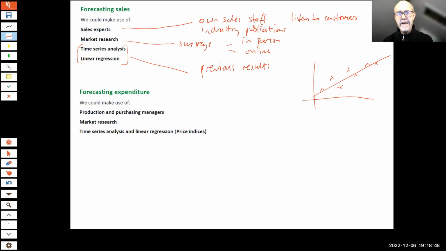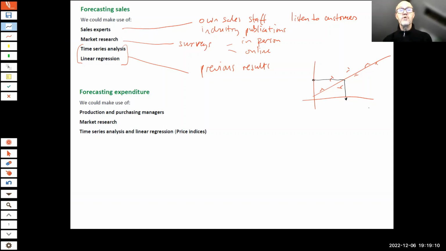That's the line that best summarizes the mathematical behavior of those coordinates. And then what we can do is plot a point on one axis against the line, and that will predict where we think we'll be on the other axis. So linear regression is a technique you will hear mentioned.